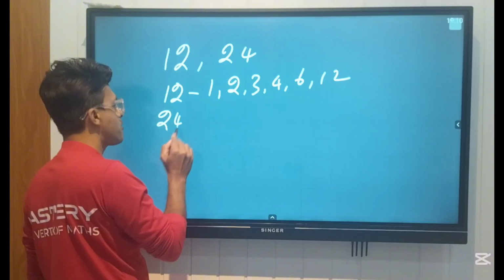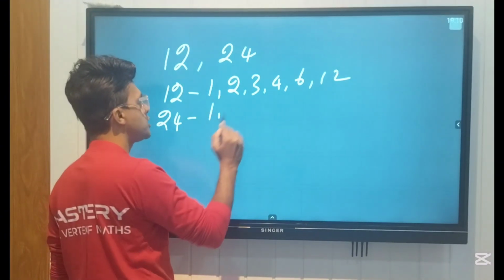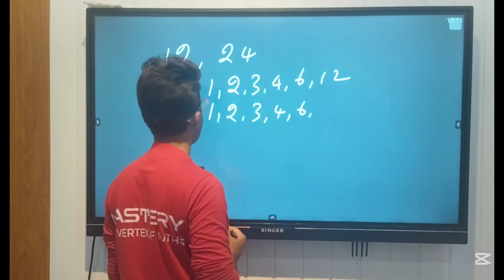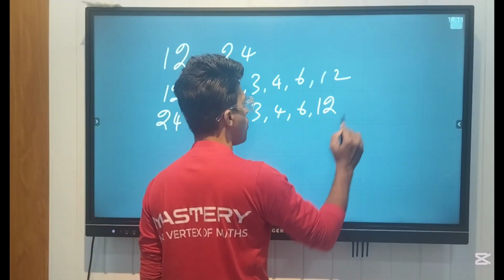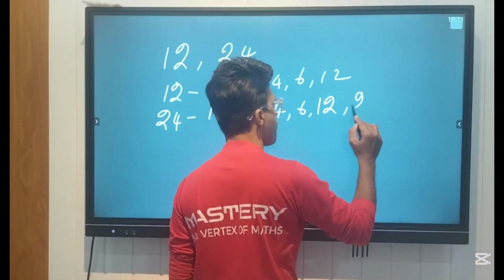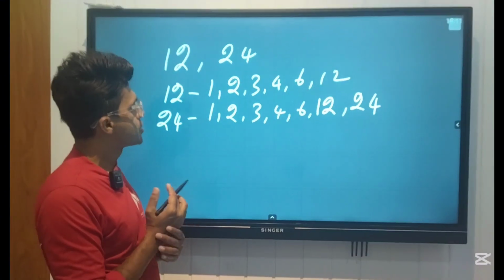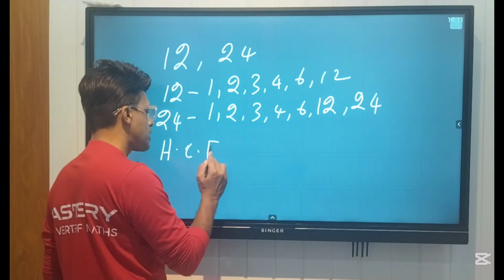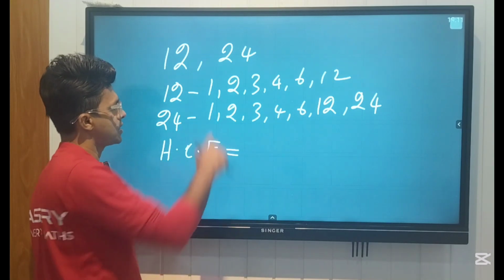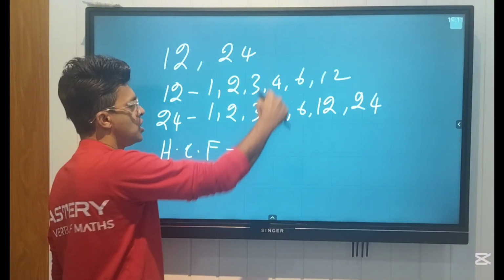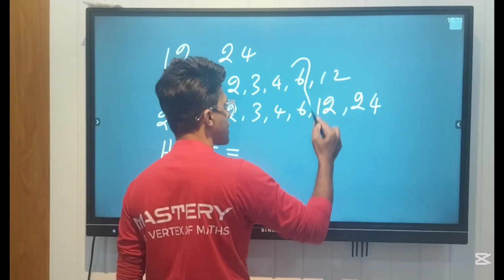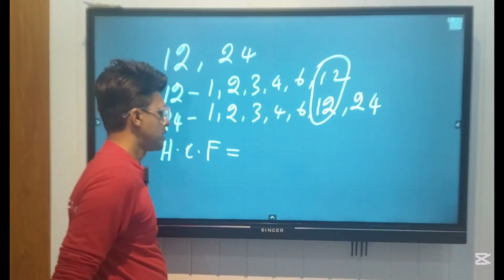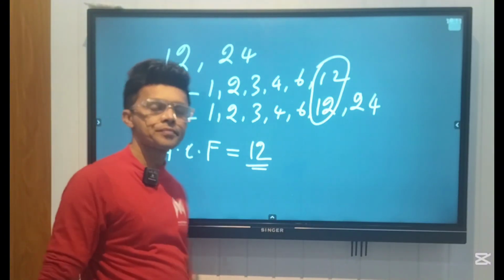Let's get the factors of 24: 1, 2, 3, 4, 6, 6 times 4 is 24, 12 times 2 is 24, and 24 as well. What is the highest common factor? 1 is a common factor, 2 is a common factor, 4 is a common factor, but the highest common factor is 12 here. So the HCF is 12.